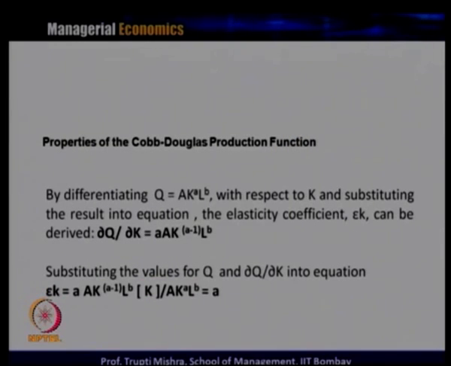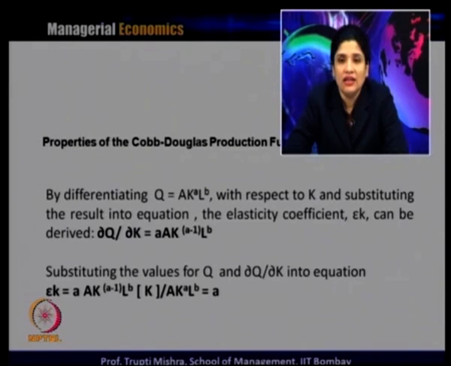Taking the specific production function, Q is equal to A K to the power a L to the power b, with respect to K, and substituting into the equation, the elasticity coefficient E K can be derived. Del Q by del K is a times A K to the power a minus 1 L to the power b.